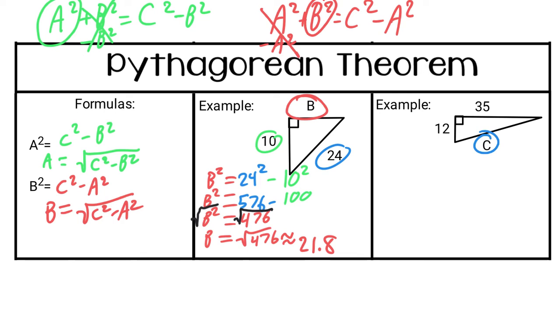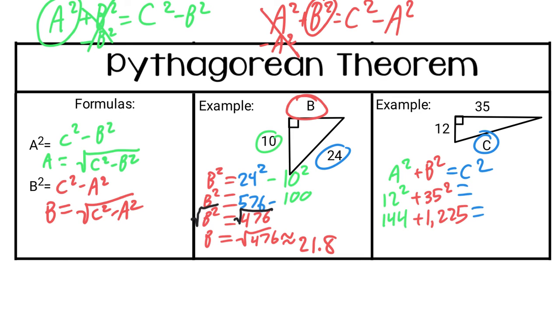So we need to use the Pythagorean theorem as it's written. A squared plus b squared equals c squared. Now, a squared, or 12 squared, is going to be 144, and b squared, or 35 squared, is going to be 1,225. When we add these two together, we get 1,369.